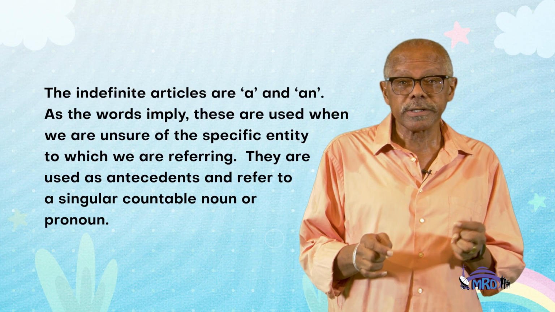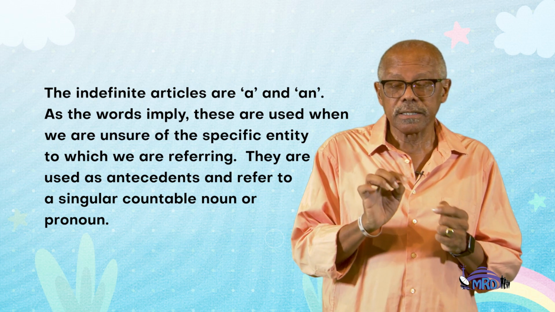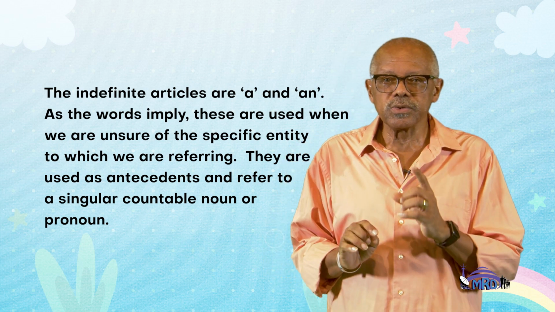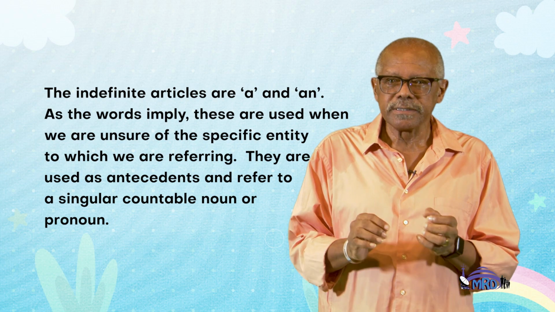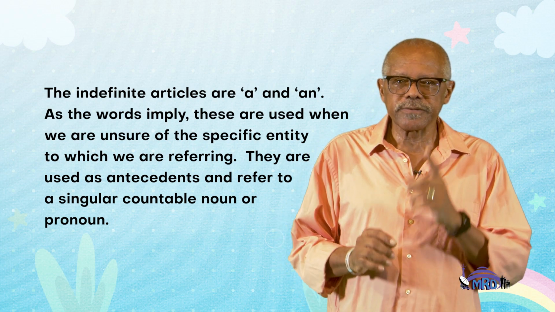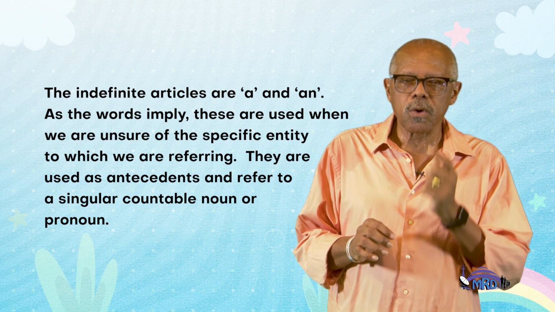The indefinite articles are a and an, a alone and an. As the words imply, these are used when we are unsure of the specific entity to which we are referring. They're used as antecedents and refer to a singular, countable noun or pronoun.